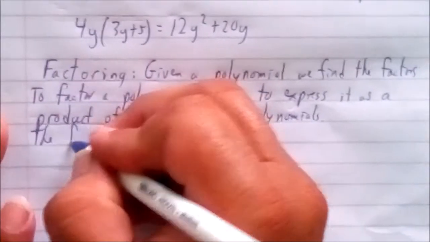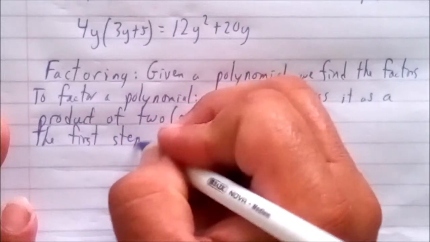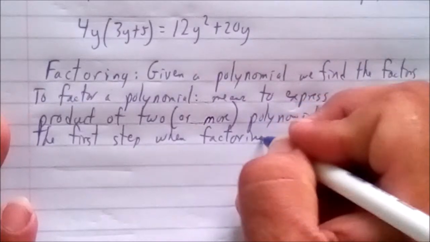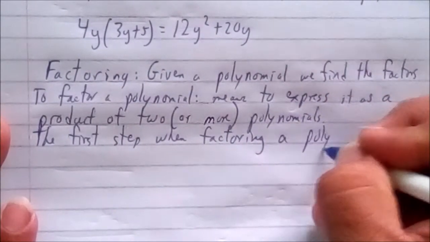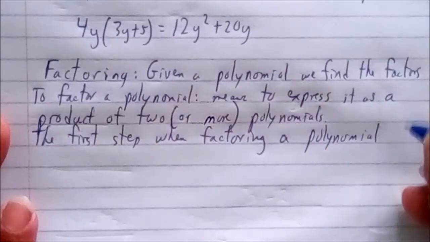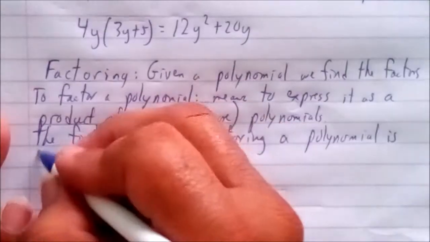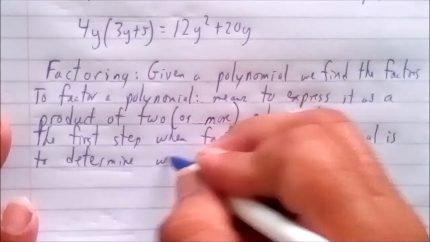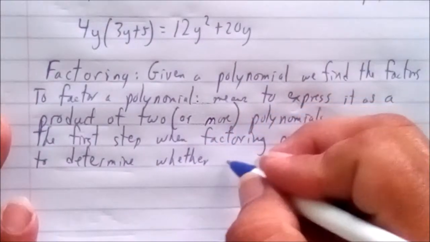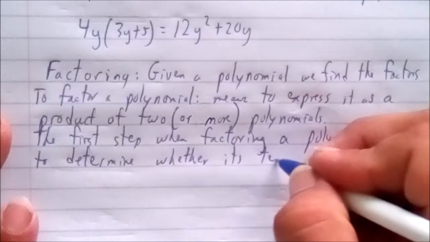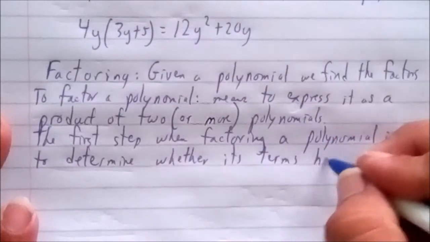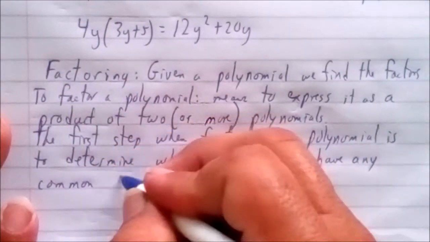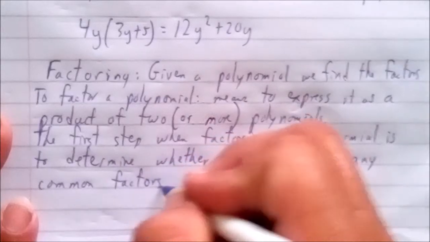The first step in factoring a polynomial is to determine whether its terms have any common factors.